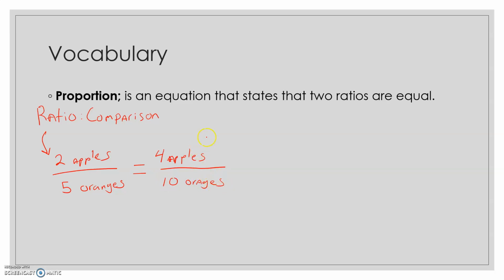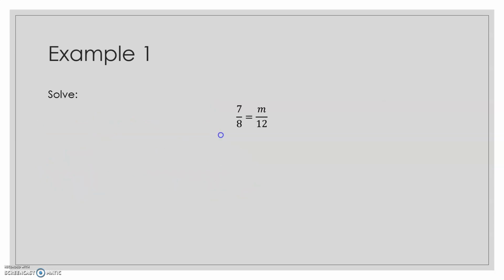And so this entire thing right here, these two ratios that are equal to each other, this is a proportion. And so we're going to talk today about how we use proportions to solve problems, how we write proportions, and really our steps for when we are missing one of those 4 pieces of the proportion. How do we solve for it? How do we find the missing variable? So that's what we're going to dive into next.